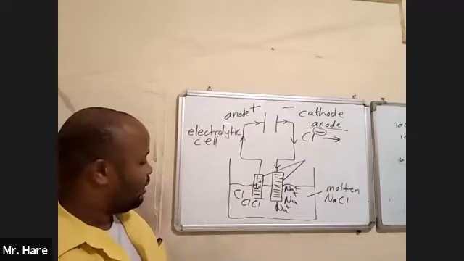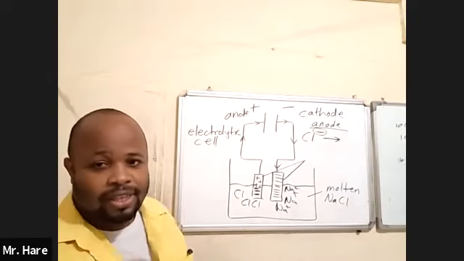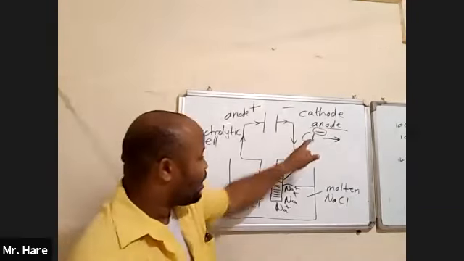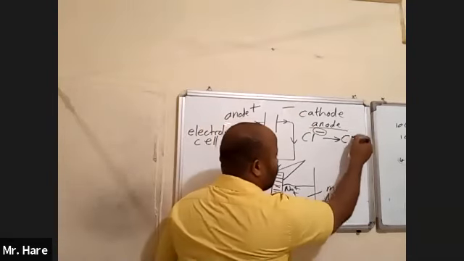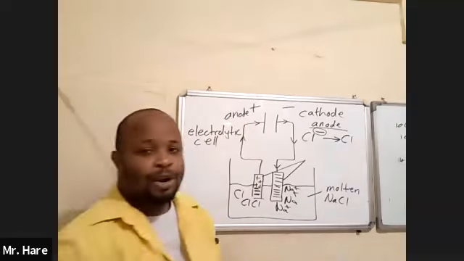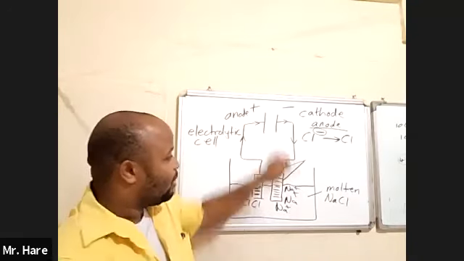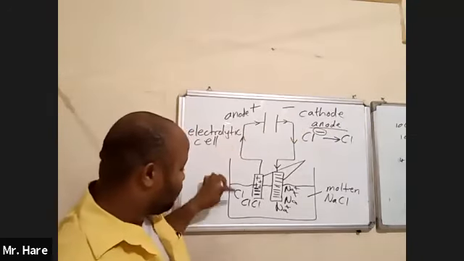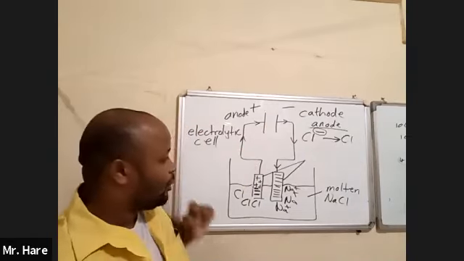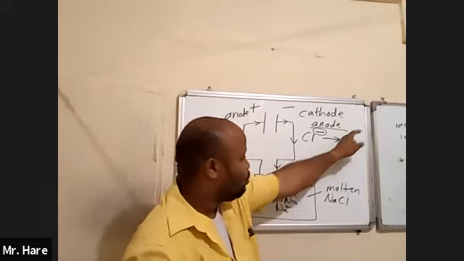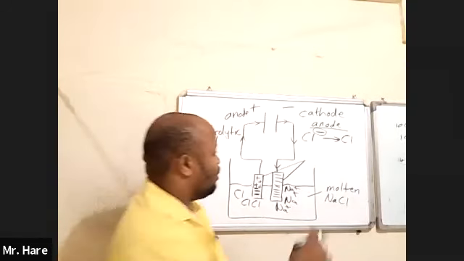And so they are oxidized. So the chloride ion, if it gives up this charge, does not have any charge remaining. So the chloride ion comes to the anode, gives up the negative charge, and so it has no charge.